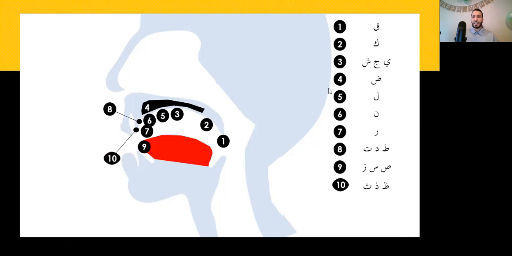Now for the more complicated area. Here we have the tongue, and the scholars said there's 10 different spots or areas where letters come out from.